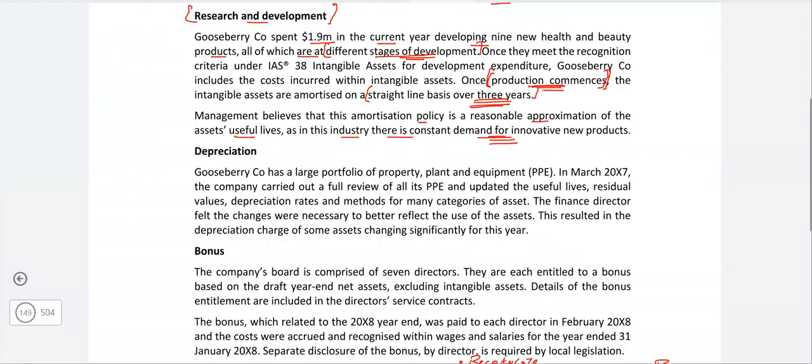So this is the third one. And then we talked about this one, the straight line basis over 3 years.